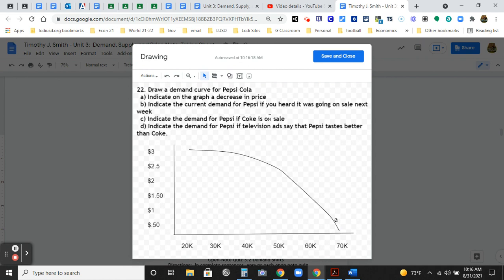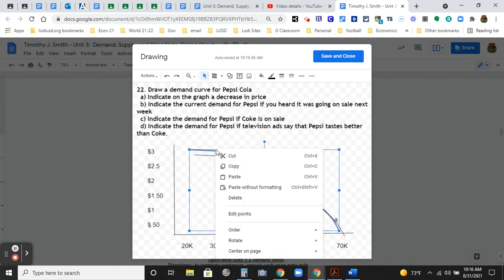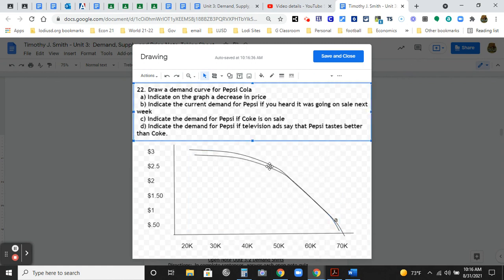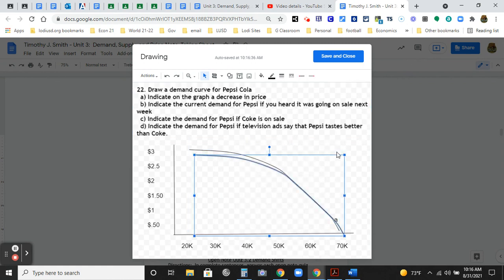Indicate if you heard it was going on sale next week. So what would happen is, if it went on sale next week, the current demand would go down, right? So let's copy our thing. See how I clicked on there and I hit copy, then I hit paste, and then move the one by, let's shrink it a little first.